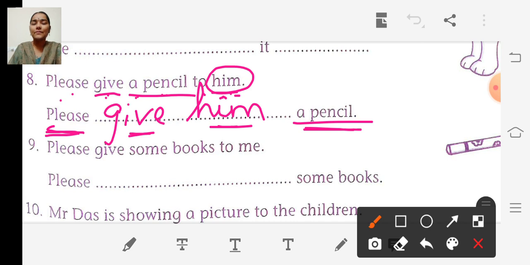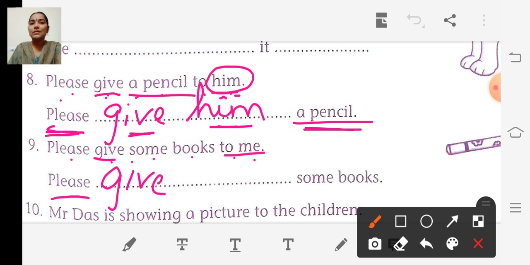Okay, children. Look at the 9th sentence. Please give some books to me. So, in the answer, please. Next, we have to write what? We have to write the doing word. Give. So, please give to whom?